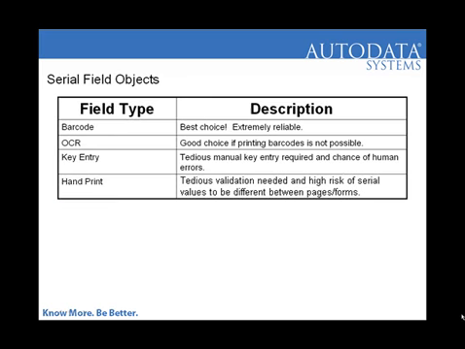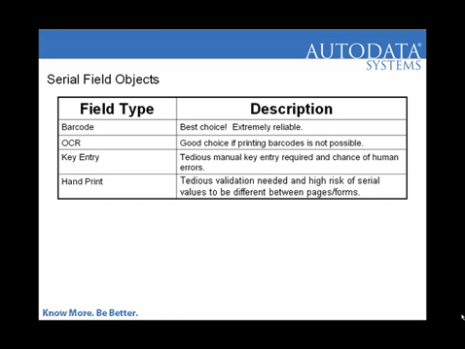There are 4 field types that can be used to create serial fields. The first and the best choice is a barcode field because of how reliable they are. The second choice would be an OCR field, and that is a good choice if you or some other person needs to easily read the serial field value in a timely fashion, and or if your printer or your print service is unable to print barcodes.